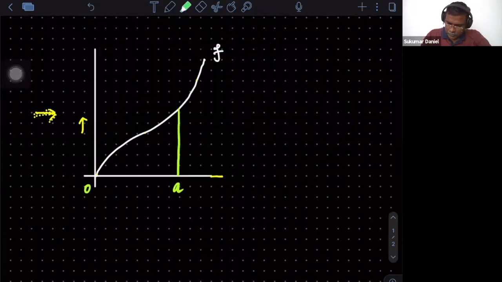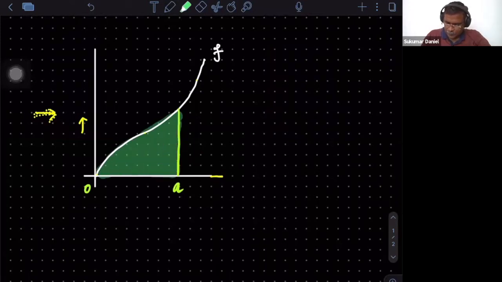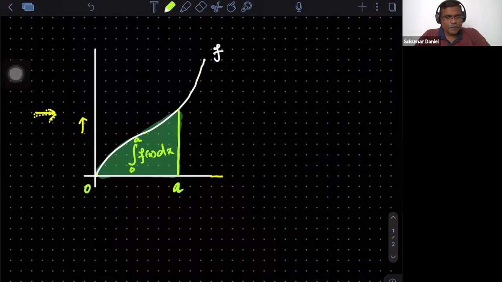So this area, can you see that it is nothing but the integration of f(x) dx from 0 to a? I hope you will agree. Good. So this is something familiar to you.